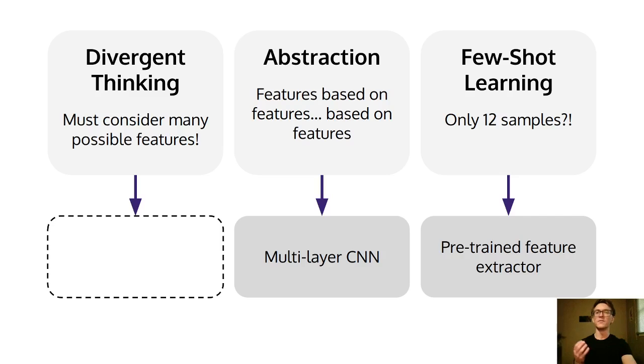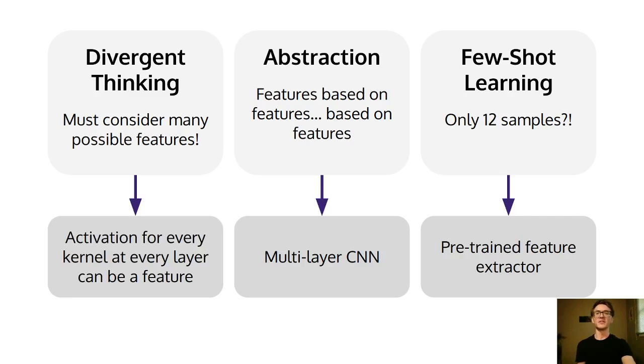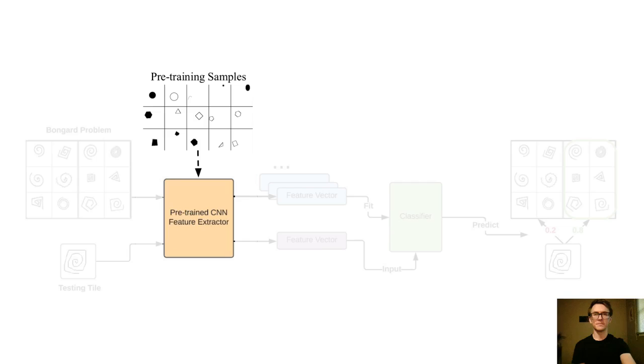And to achieve some version of divergent thinking, we can simply consider many features. So we can consider the activation for every kernel at every layer of the CNN. Next, we'll look at how we actually put these ideas together to solve Bongard problems.